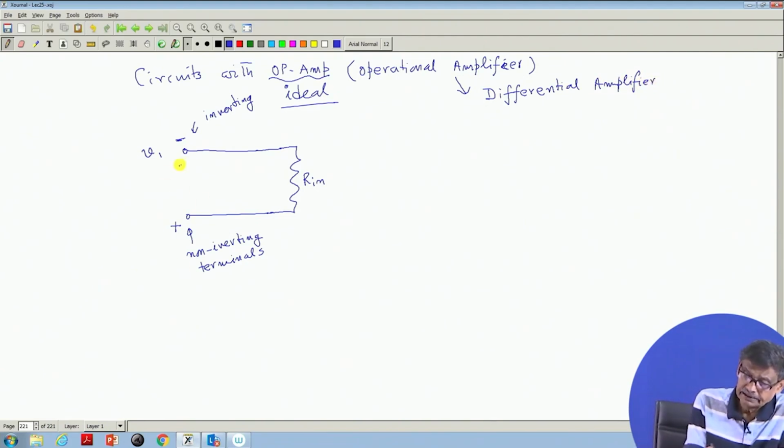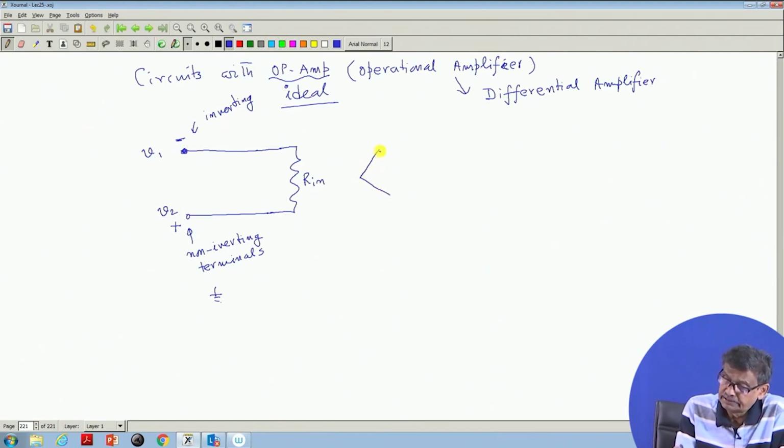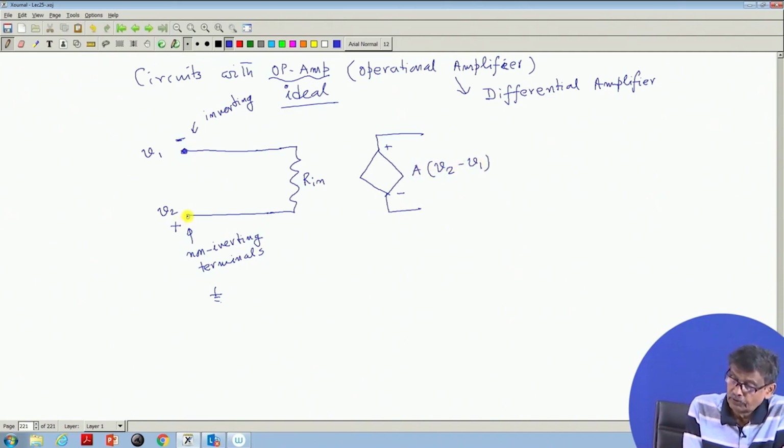What it does is that if you connect a signal V1 with respect to some common point, and if you connect another signal V2 with respect to the same common point, then it will amplify this signal, whatever is the voltage with respect to that ground.